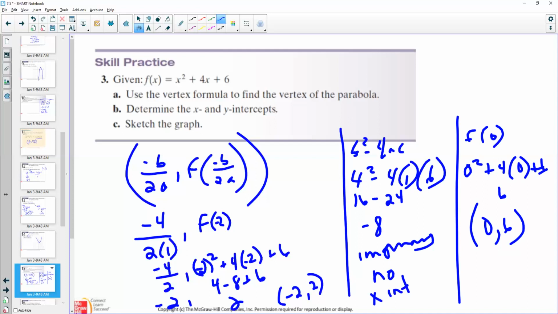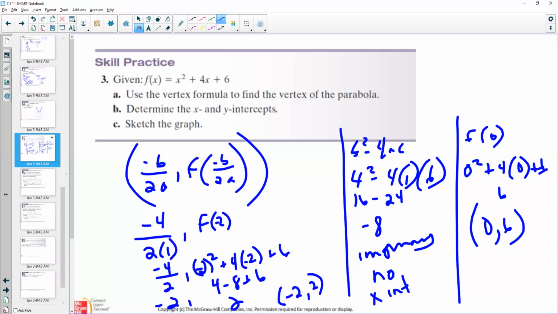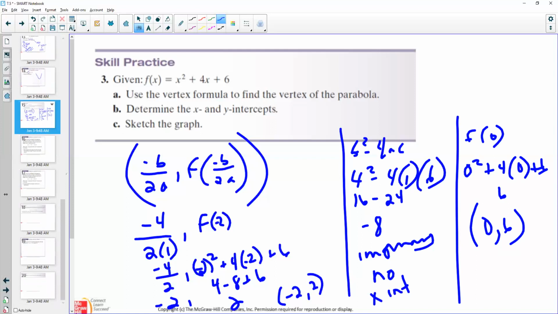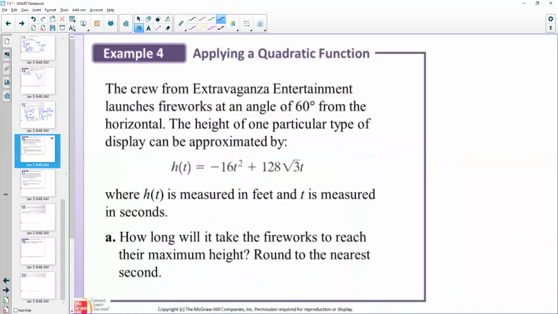All right, there are some applications that we can use with the vertex. So let's do that. The crew from Extravaganza Entertainment launches fireworks at an angle of 60 degrees from horizontal. The height of one fireworks display can be approximated given this formula, where h of t is the height measured in feet, and t is in seconds.